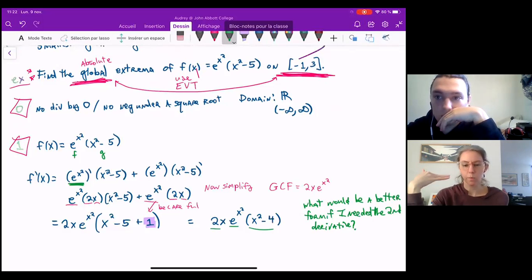To help you guys along, remember we've said less product rule, less quotient rule, good. More power rule, good. So we're trying to get rid of product rules and have more power rules. So what could I do to make that happen?